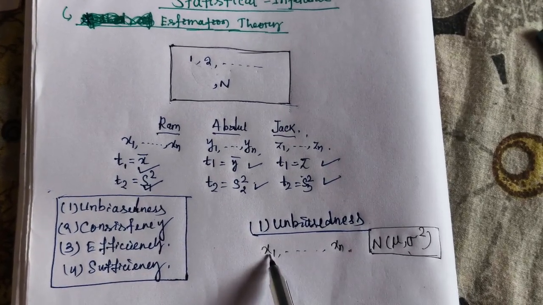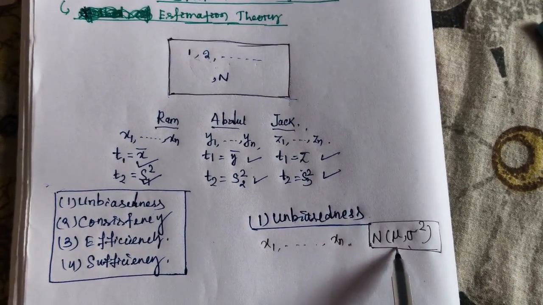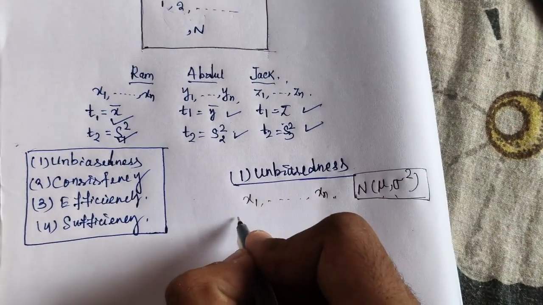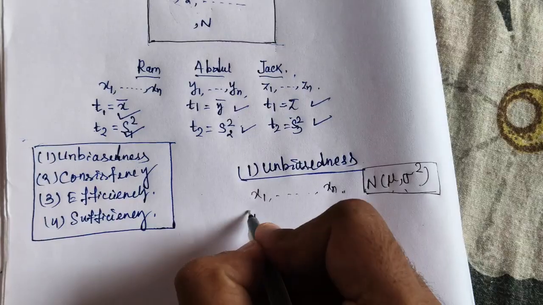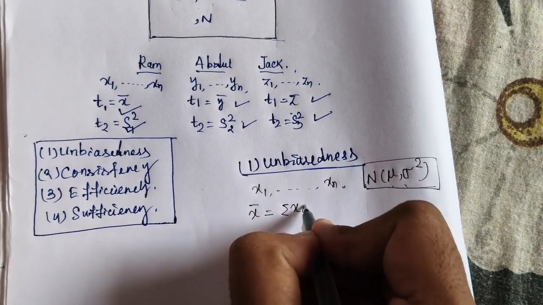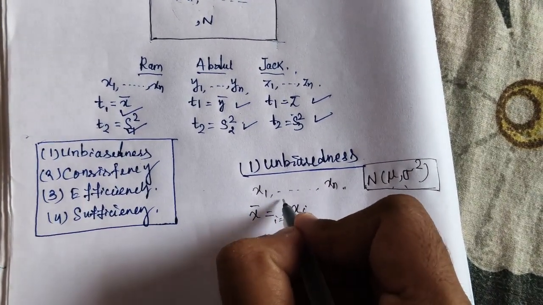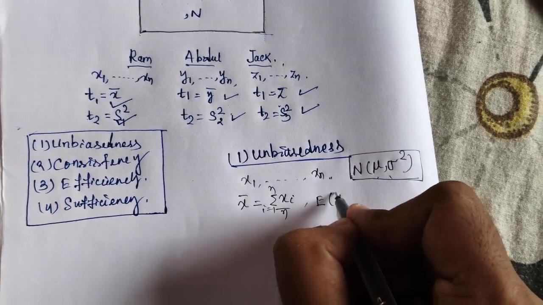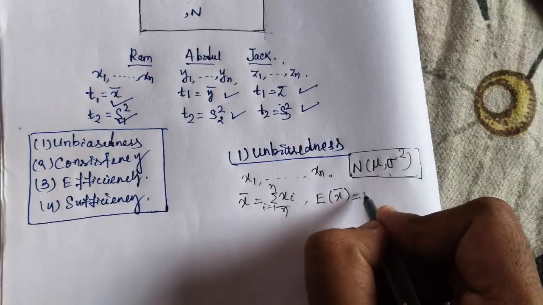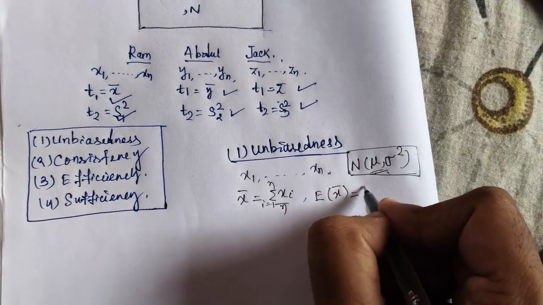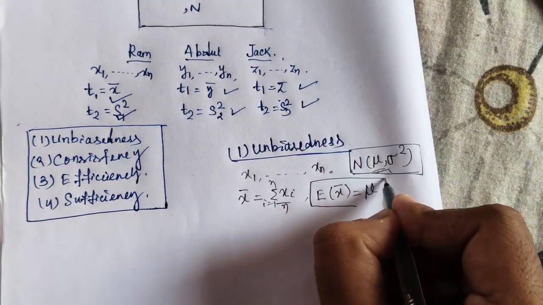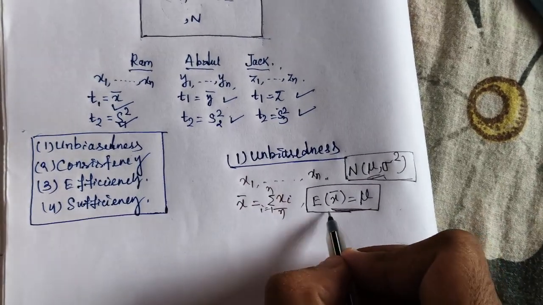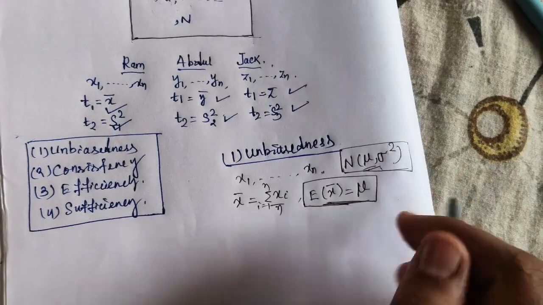So the sample drawn will also follow the normal distribution with mean mu and variance sigma square. If the sample mean we have calculated here as x bar equal to summation xi divided by n, i equal to 1 to small n, and if the expected value of x bar gives the population mean, that is mu, so we can say our estimator follows, satisfies the unbiasedness.